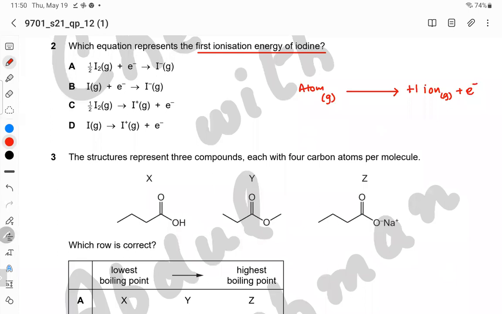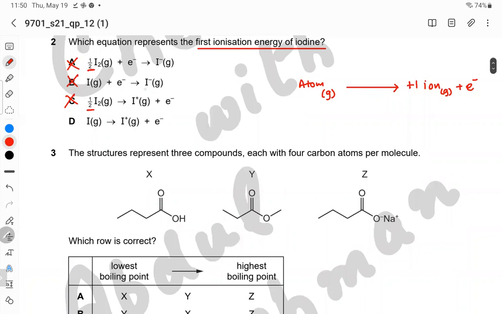So now if you look, we are observing that points A and C are wrong, right? Why? Because we have half moles. And B is also wrong because we are getting I negative. And here we are also getting I negative. So if you look at the D option, it has the same format as I have told you.